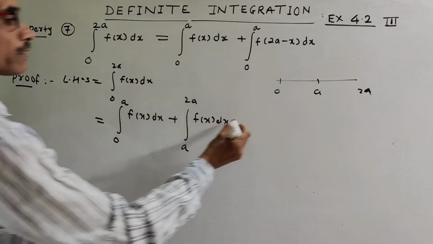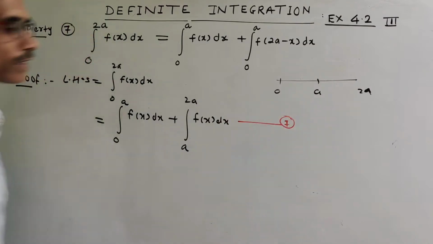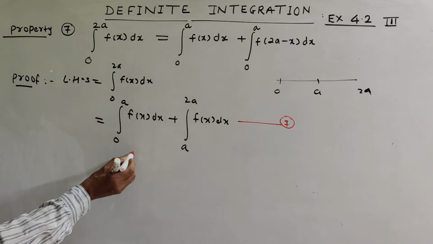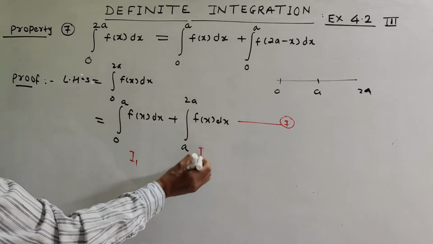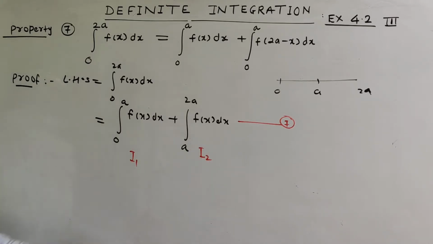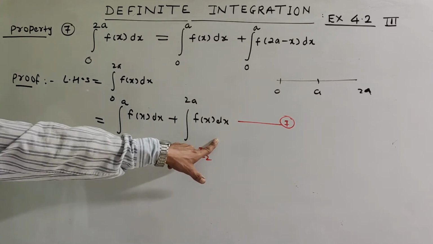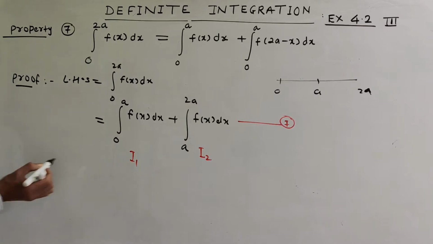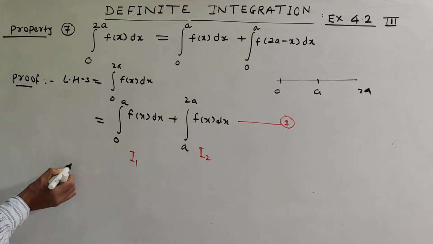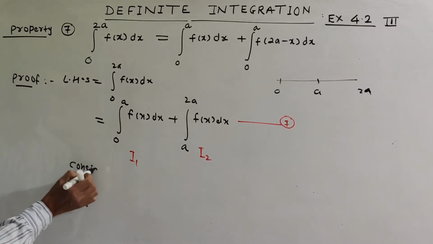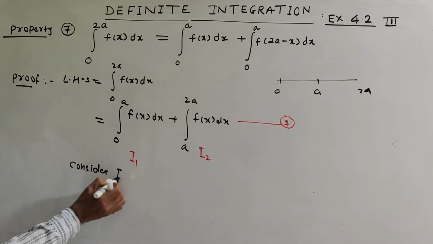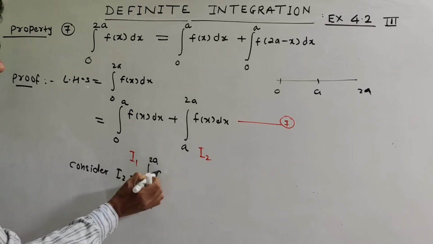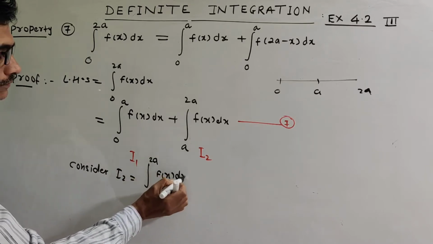Now we denote it by 1. This integral is I1 and this integral is I2. So let us consider integral I2, which is equal to integral a to 2a f(x) dx.